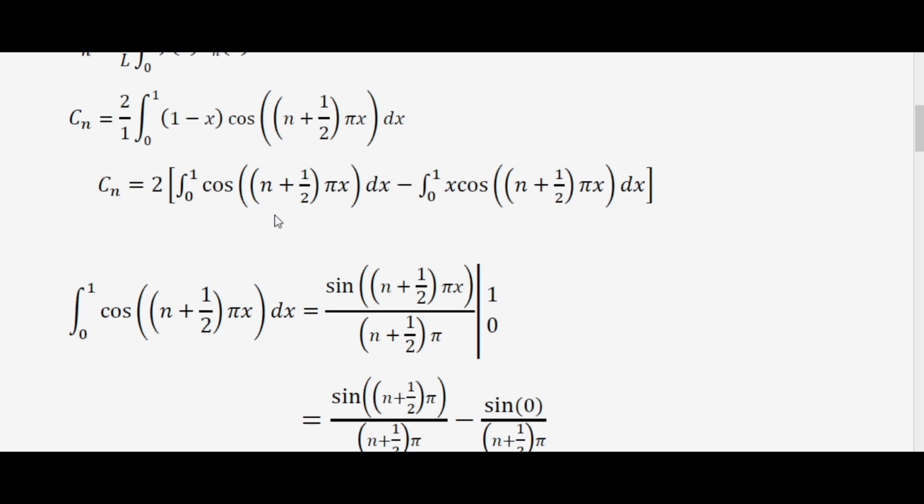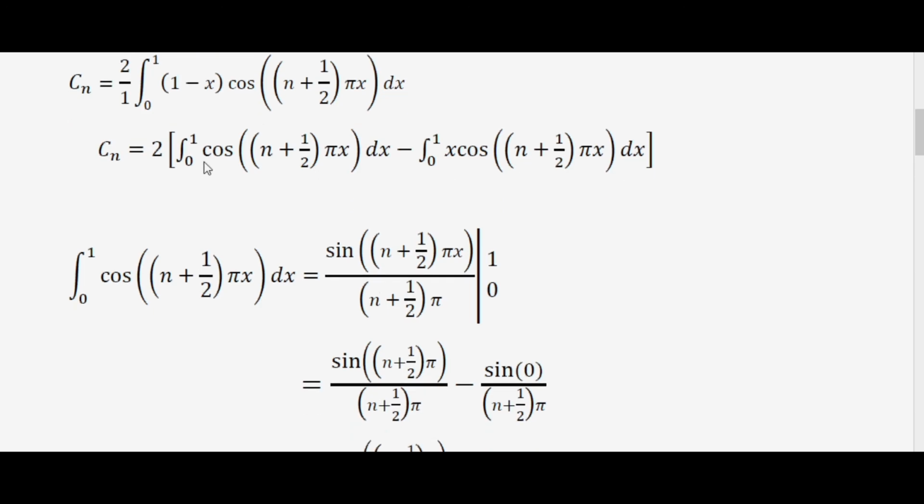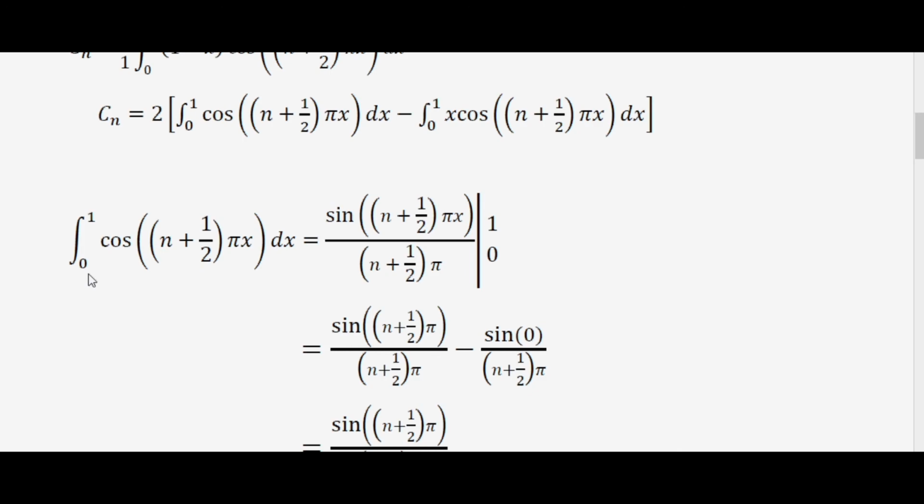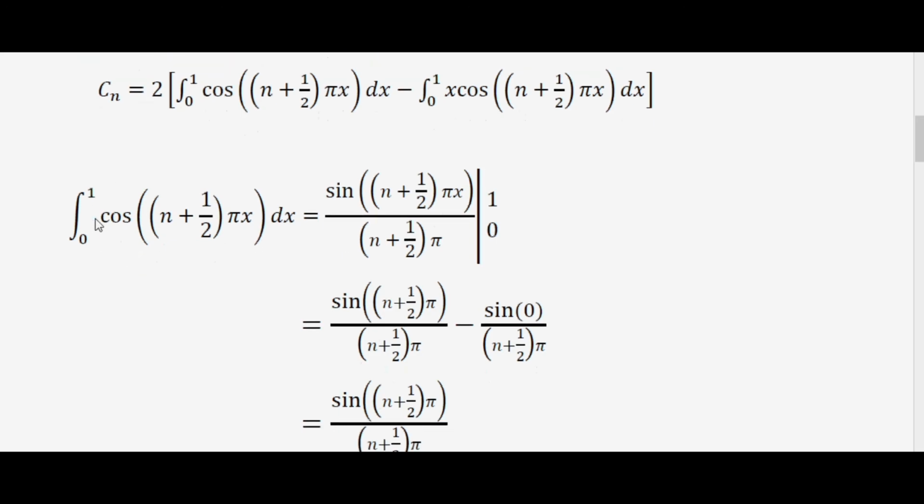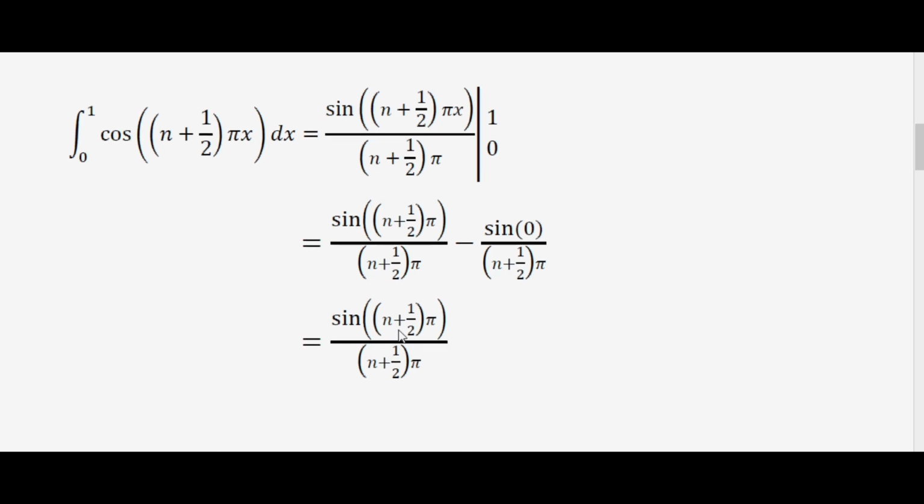Okay, if you can see, we divided the solution into two, where the first one is the integration of cos((n + 1/2)πx) dx with the limit of 0 to 1, equal to this solution.